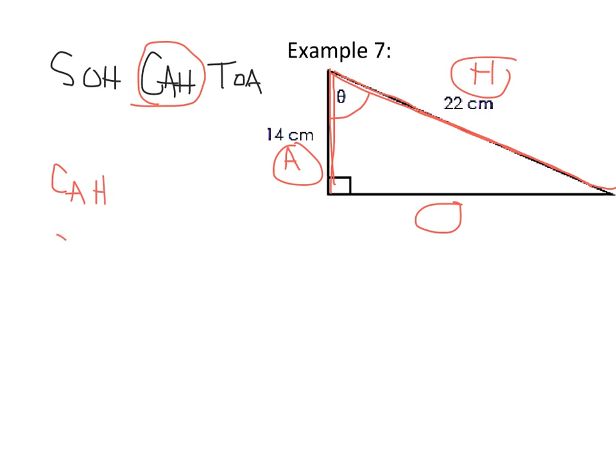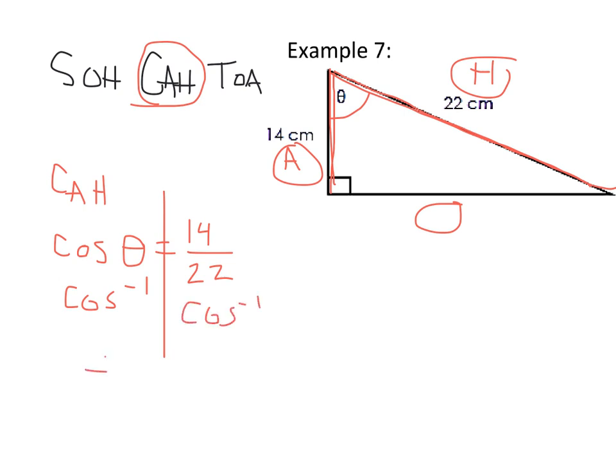So that says that cosine of the angle, which we don't know, it's called theta, is equal to A over H. And A is 14 and H is 22. Again, if it helps you to just do the balance, that's fine. To get cosine to go away, I do inverse cosine.